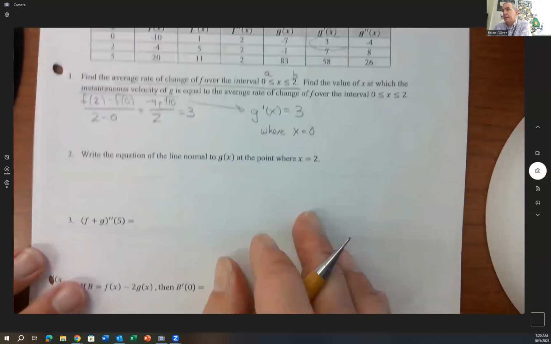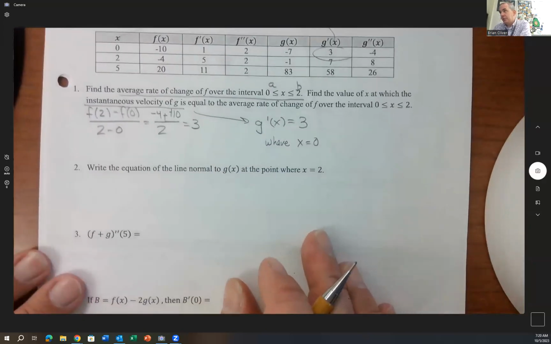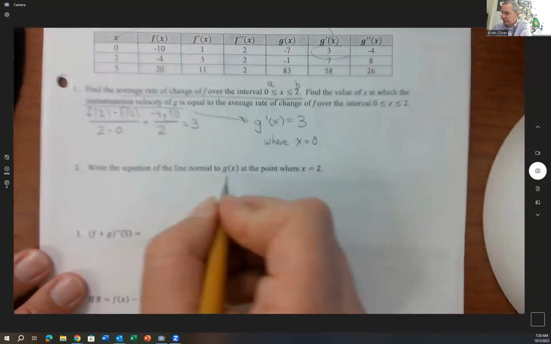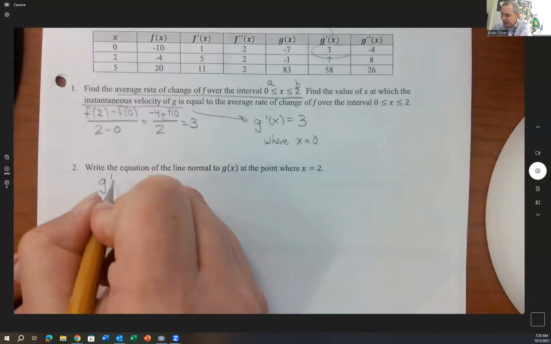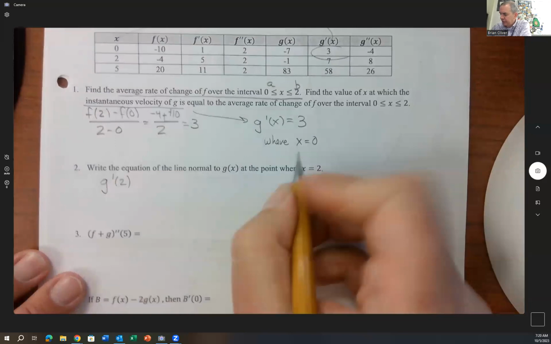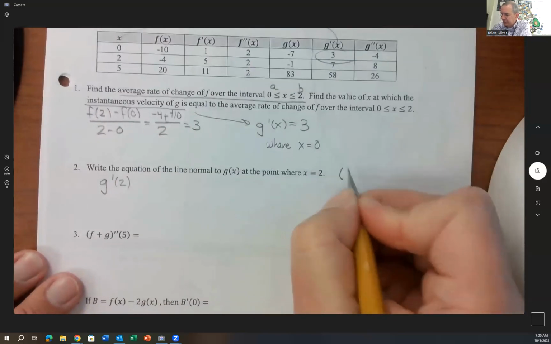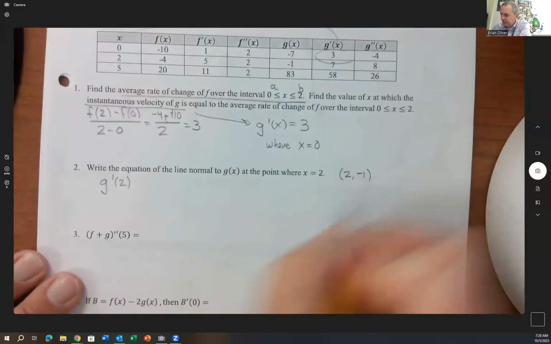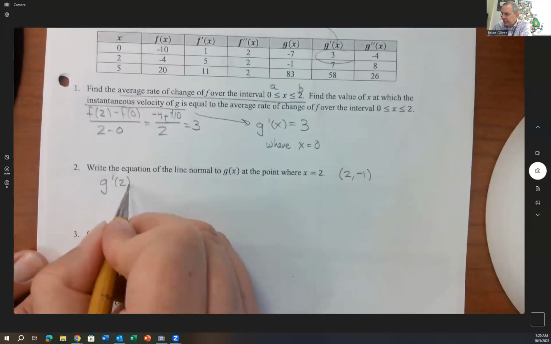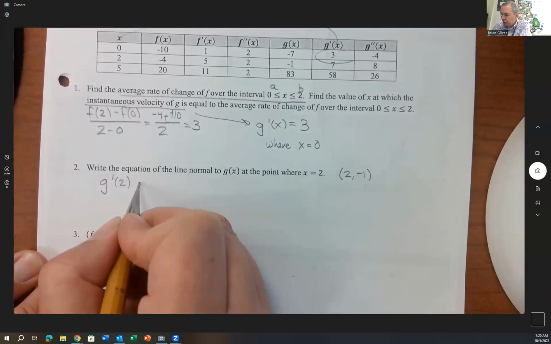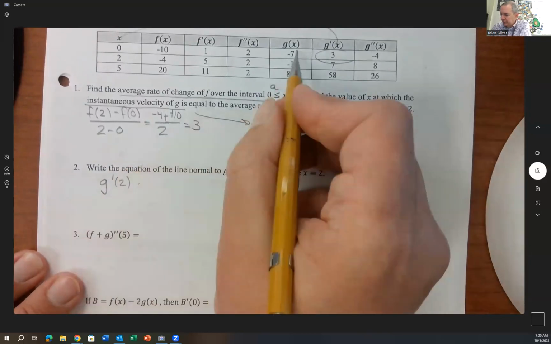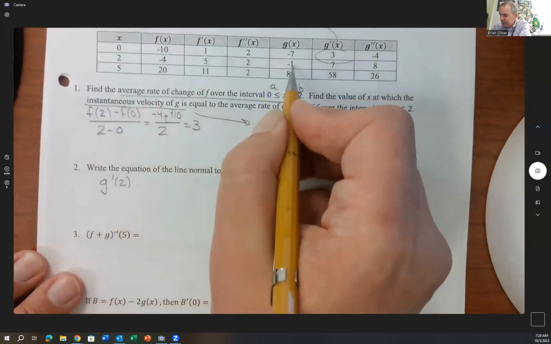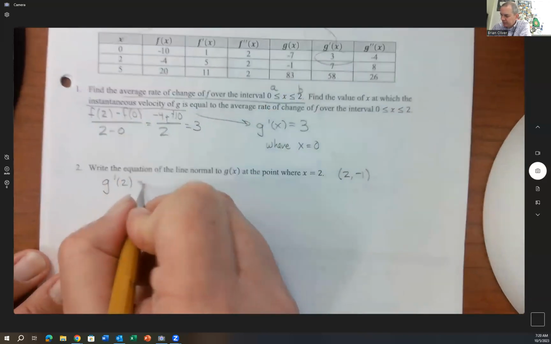Okay. Write the equation of the line normal to g of x. Normal to g of x means I have to find g prime of 2 first. First of all, g of 2 tells me I have the point (2, negative 1). G prime of 2 is going to tell me my slope at 2, and g prime of 2 is negative 1.